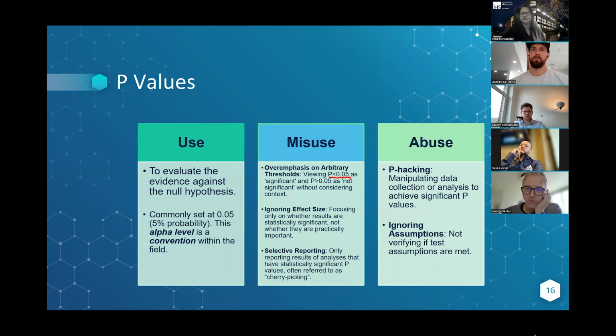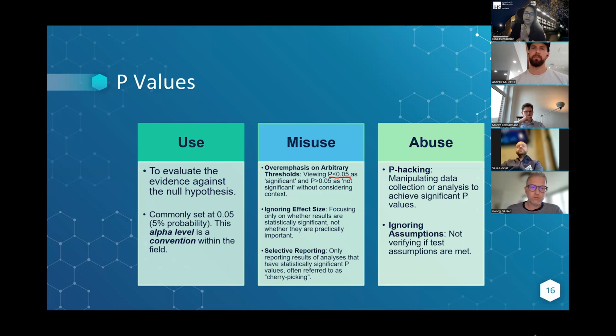So what is the meaning of this? That if you are running 20 experiments and you are getting this result, at least one of them, you will obtain it just by chance. So there is nothing there, and it's just by chance that you are finding this result.